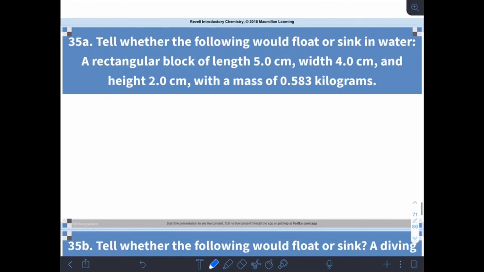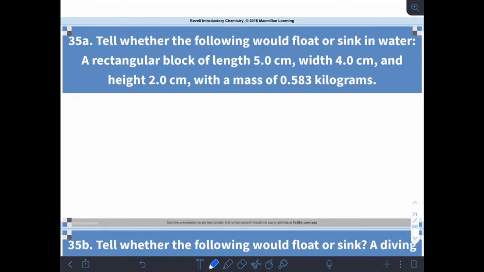We can go through a process of conversion, but it would be easier for me to just tell you the density of water in different units is 1 gram per cubic centimeter. So 1,000 kilograms per cubic meter or 1 gram per cubic centimeter.